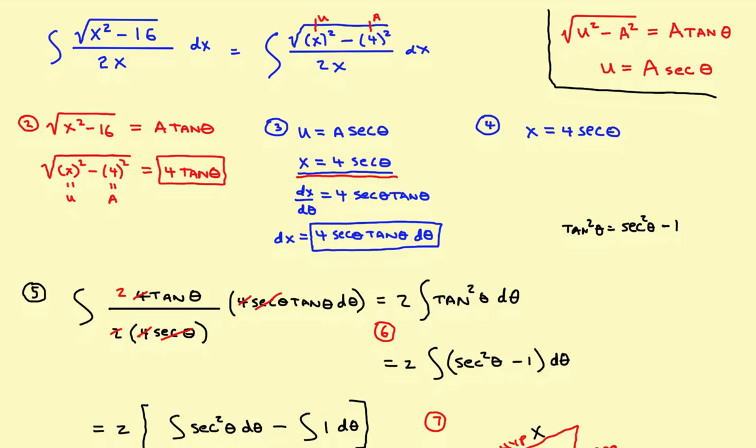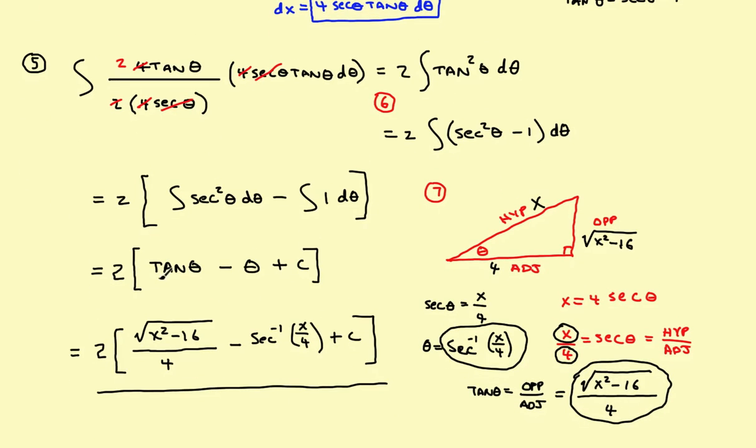Go ahead and find the antiderivative, and you'll get an answer in terms of theta. Now, to change it from theta back into x again, you have to draw the triangle and label the sides. Once you've got the sides labeled, you can use the sides of this triangle to change each one of these things back. So you change the tangent into this, and you change the theta into this, and you got the final answer. So there's another example with trig substitution.